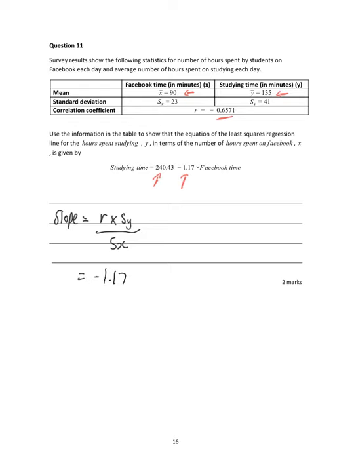But what I'll do is I'm now going to find the intercept. So the intercept equals the mean of Y minus the slope times the mean of X. So that's going to equal our mean of Y, 135, minus the slope. I might actually include all the decimals.